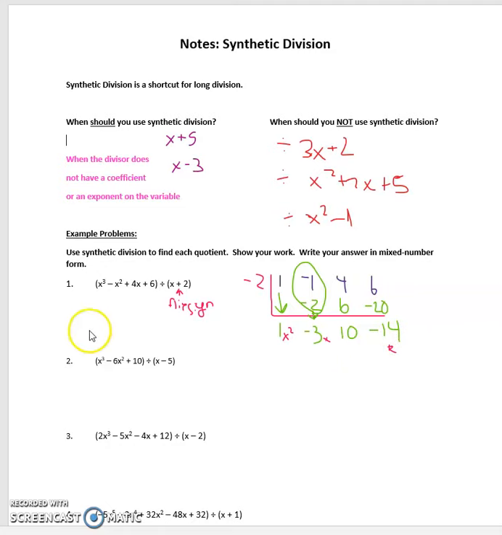So your answer will be x squared minus 3x plus 10. You could say plus with a negative, or I'm just going to say minus 14 over x plus 2.